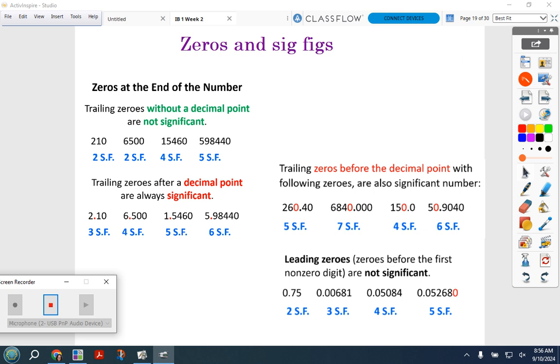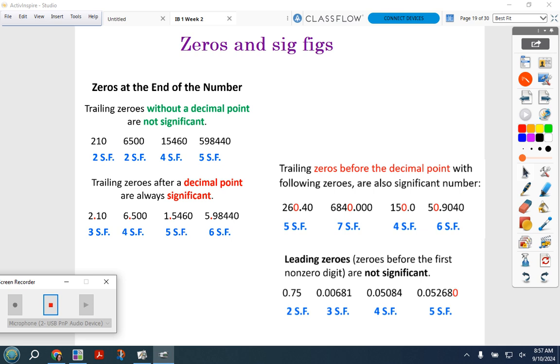For example, 0.00681, none of these zeros are significant. They are important. You can't just get rid of them because they're placeholders, but they're not considered significant digits. Now, if you have leading zeros and trailing zeros in a decimal place, again, the trailing will be significant, the leading will not. Okay?